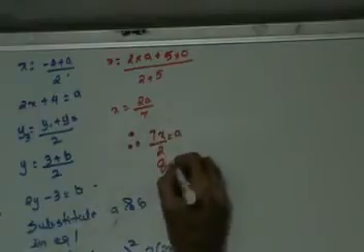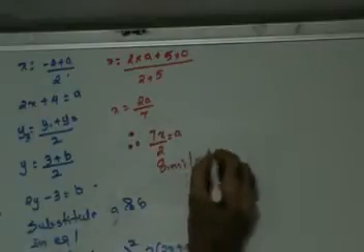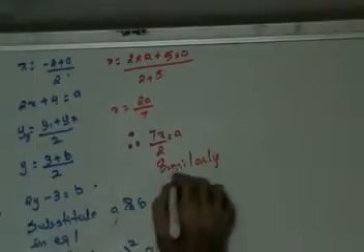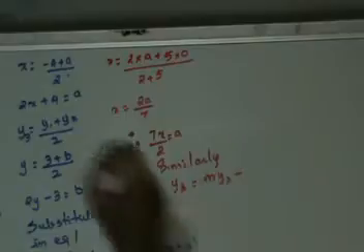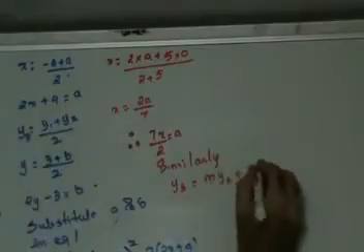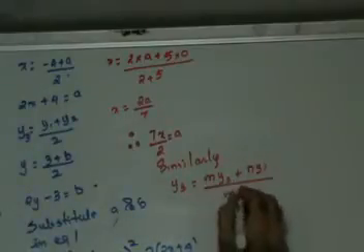Similarly, you can say that y3 is (my2 plus ny1) upon (m plus n) by the internal section formula.